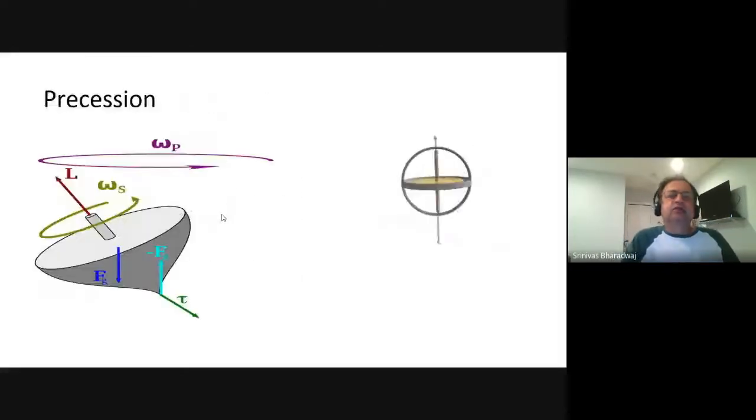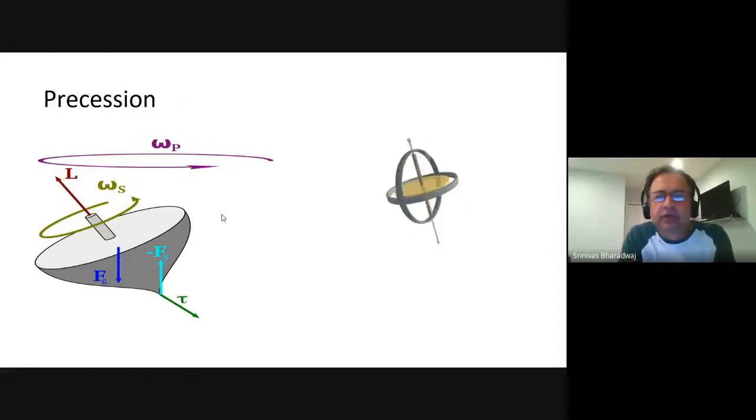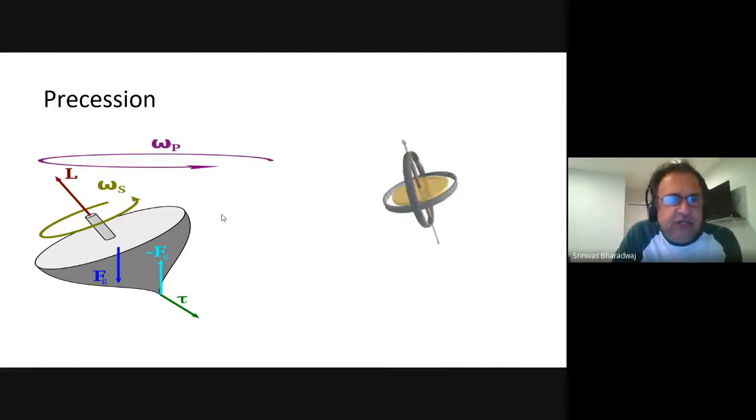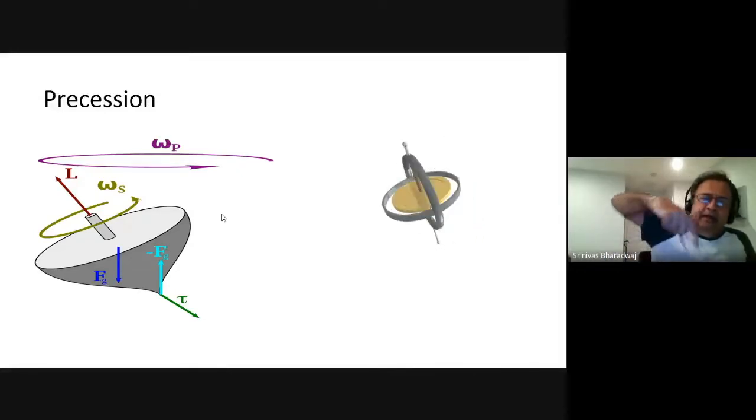All right. So now today I'm going to introduce to you this idea of precession. What is precession? Precession is what happens to a top. Let's say you spin the top and then it starts to spin and then you tap it slightly.